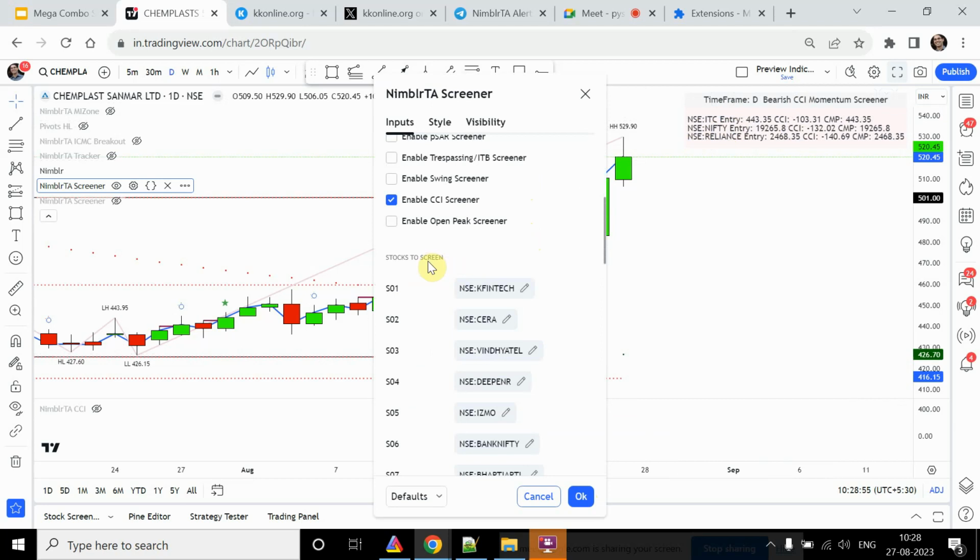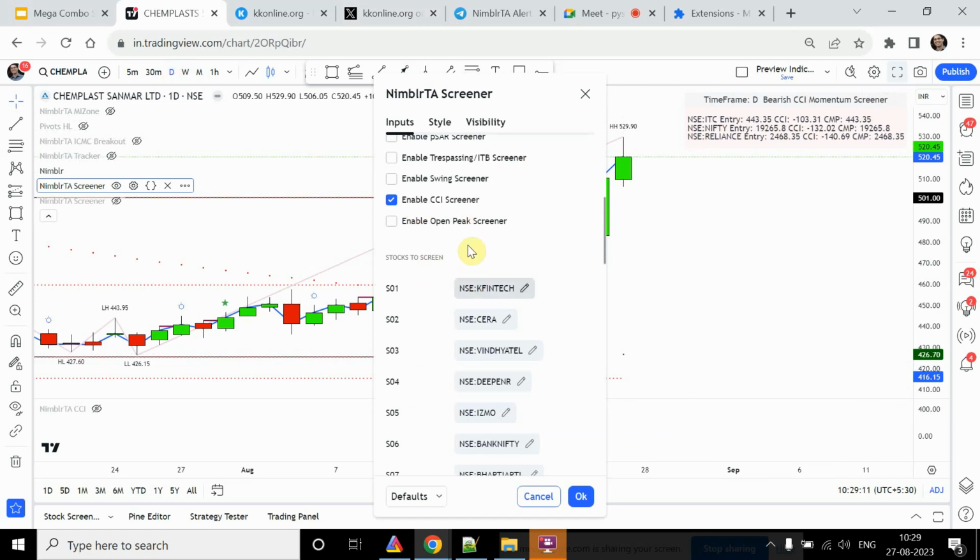Also, coming down, we can create our own watch list of 37 stocks. This would mean if I have one instance of this screener, I can scan 37 stocks on one time frame at a time, right?